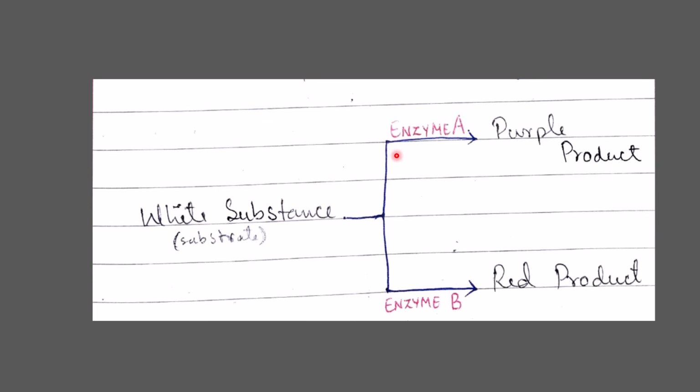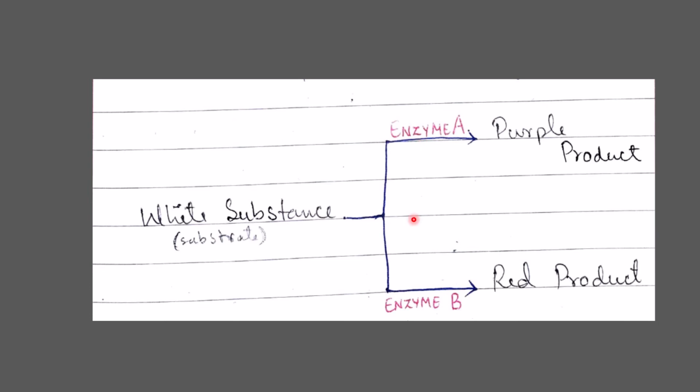Enzyme A, which converts the white substrate into a purple product, has much higher affinity to the substrate than enzyme B. Enzyme B converts the substrate into a red colored product, and the difference in affinity between these two enzymes is so marked that enzyme B can only work efficiently if enzyme A is absent.